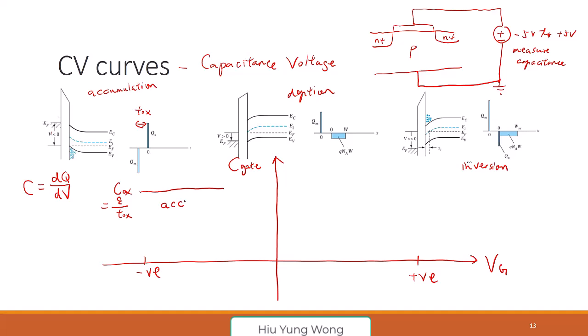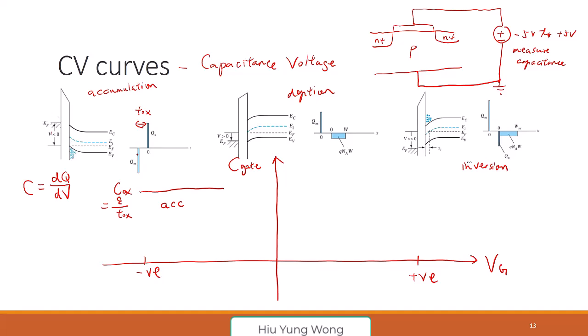Okay? Makes sense, right? Because you just look at this one. This is the charge you put on the two sides of the metal. It just looks like I have two sides of the oxide. It just looks like I have an oxide as the insulator, and that is the capacitance.